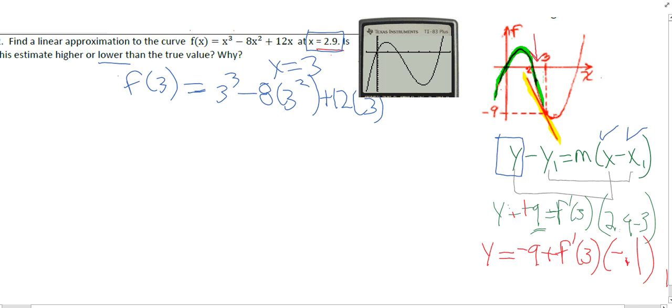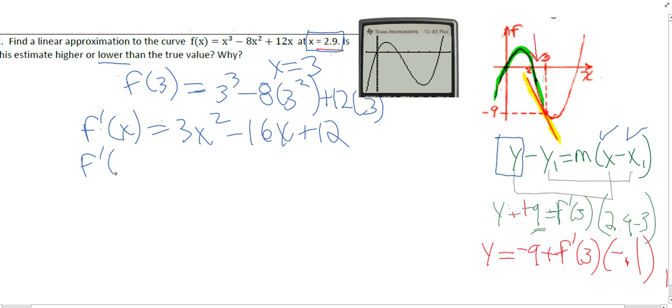So the derivative of this would be f prime of x equals 3x squared minus 16x plus 12, and that same derivative evaluated at 3 is going to be 3 times 3 squared minus 16 times 3 plus 12.